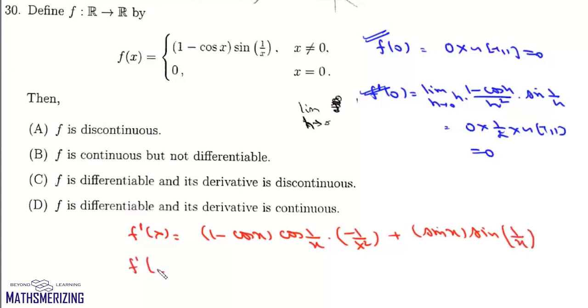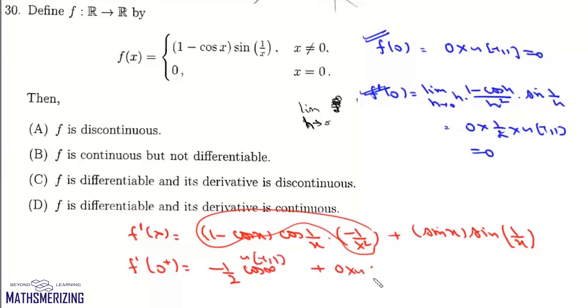Now if we find f dash 0 positive, it will be, now this is 1 minus cos x upon x square, which is minus 1 by 2, and this is cos infinite, which is oscillating value from minus 1 to plus 1, and this right hand side will be 0 into oscillating value minus 1 to plus 1. So we are getting this value as oscillating value between minus 1 by 2 and plus 1 by 2. That means this function is differentiable, but its derivative is discontinuous, and that's your option C.